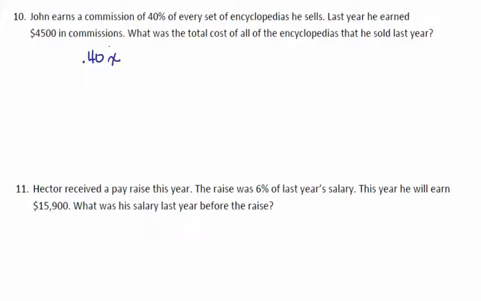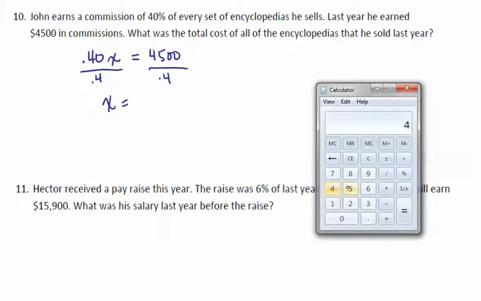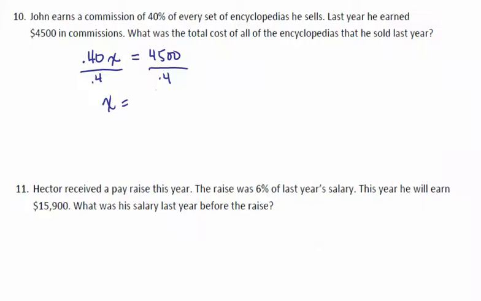So we don't know how much that's going to be, and it's simply going to be then 0.4 times however much he sold would give $4,500 in commissions. We're simply going to divide both sides by 0.4, and x is equal to 4,500 divided by 0.4 is equal to 11,250.